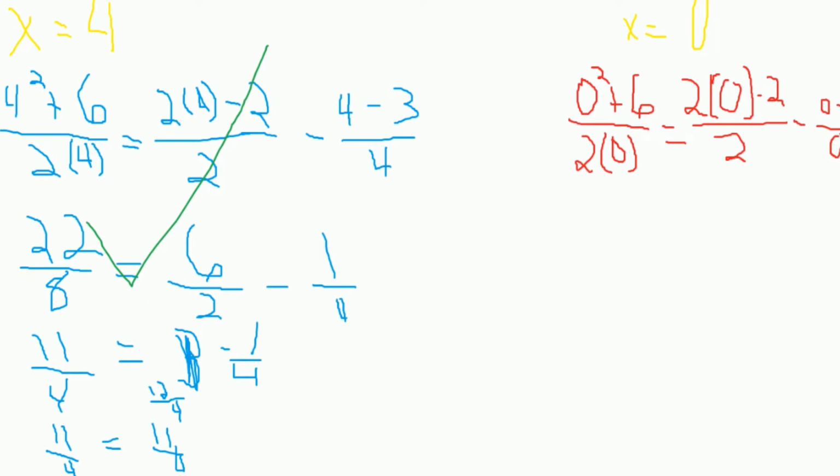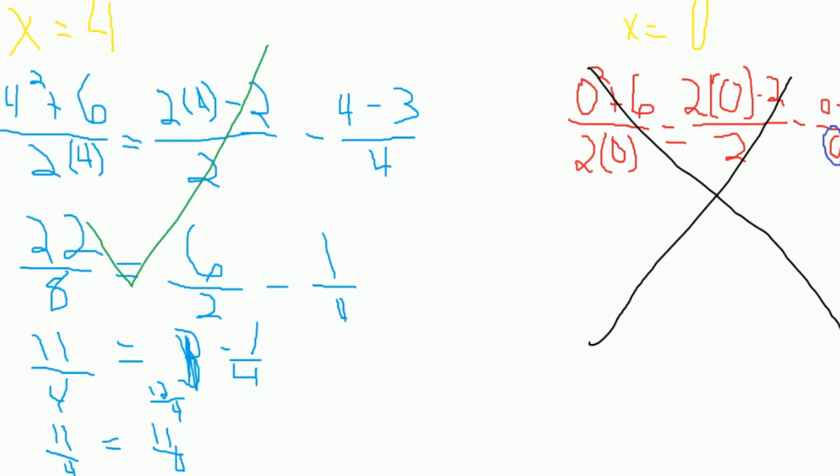There's one problem, and that is you have a 0 in the denominator. 0 cannot be in a denominator because it becomes undefined. If you put this into code, the code will go haywire. A bunch of logical fallacies will happen if you allow 0 to be a denominator. So x equals 0 cannot be an answer for you.